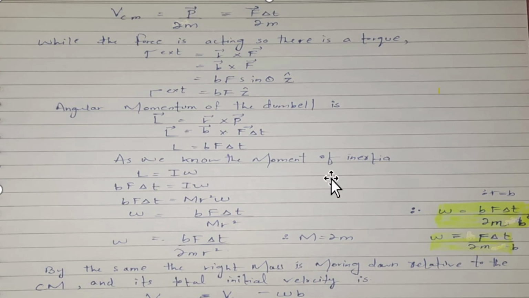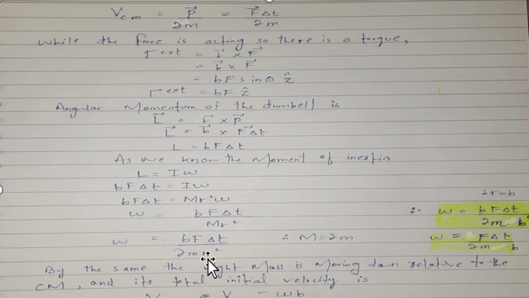Now we have the moment of inertia, and the moment of inertia applies only to rotational objects. This is the angular momentum, this is the moment of inertia, and this is the angular velocity. After putting in the values and arranging, taking the value of the angular velocity, you will get these equations.